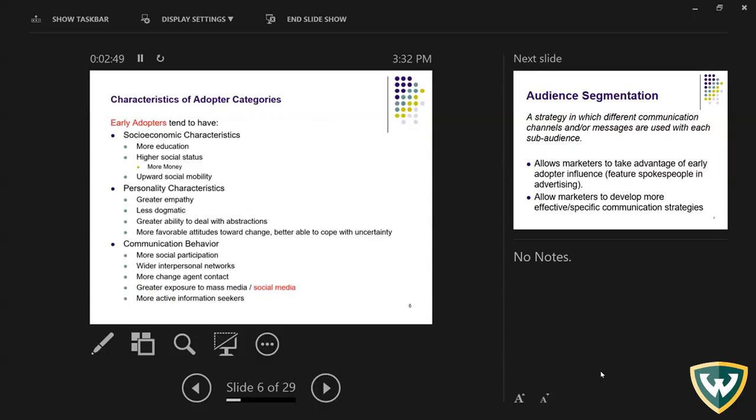So the characteristics of adopter categories, what we do here, we're just going to talk more specifically about the early adopters, at least in this slide. The rest of them have less socioeconomic status.